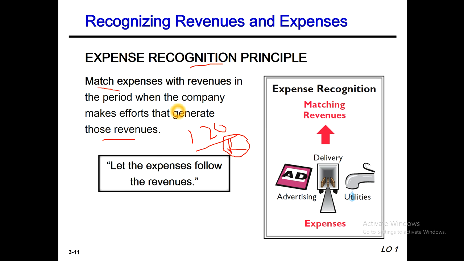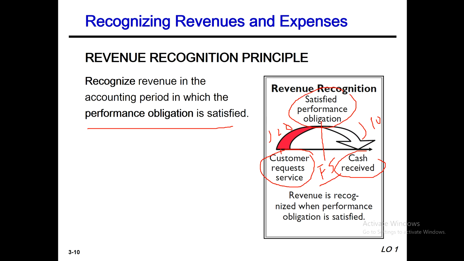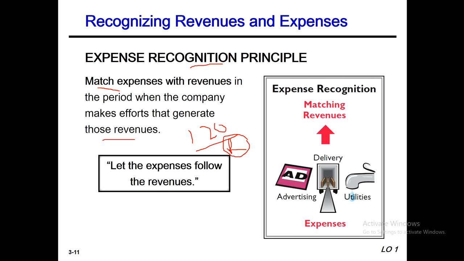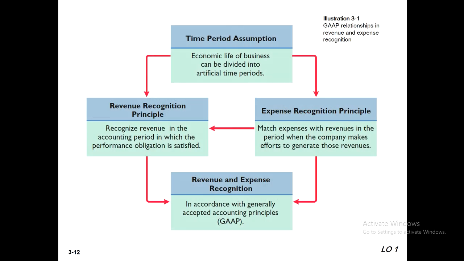Sometimes we call the expense recognition principle the matching principle. I show these two, the revenue recognition principle and the expense recognition principle, in this slide: GAAP relationships in revenue and expense recognition.